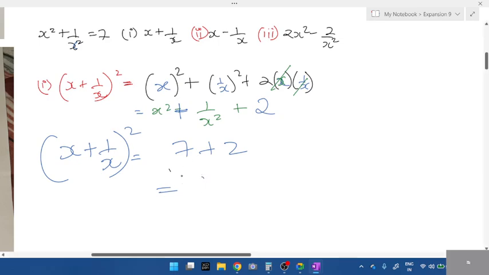After that, what happens to the square? Shall I just erase it? So what should I write? X plus 1 by x is equal to, what's the answer? X plus 1 by x is equal to 3. This is the answer. We got the answer now.